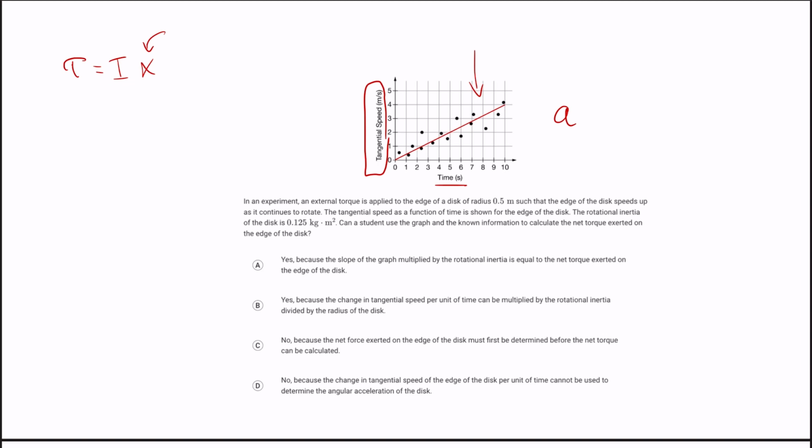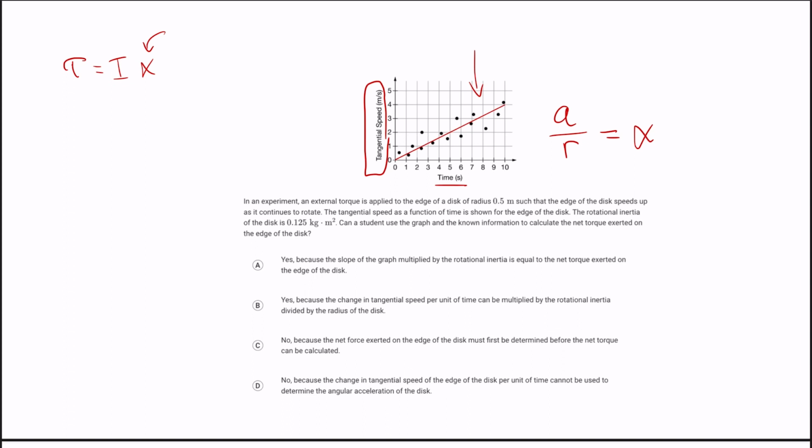And if we take our linear tangential acceleration and divide it by the radius of our disk, then that will give us angular acceleration, because that's how linear and angular components are typically related, just as a factor of the radius.